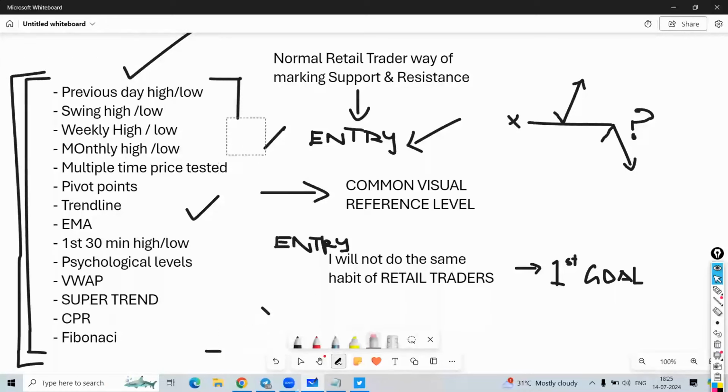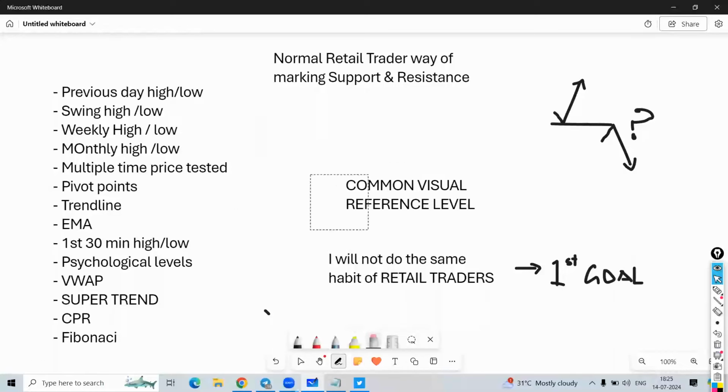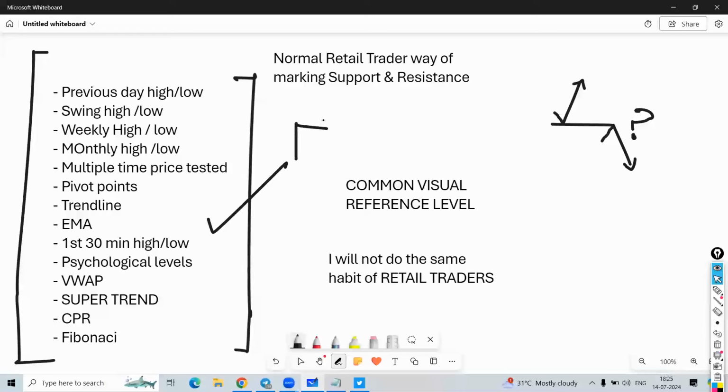For a minute, I will make sure not to use any of these methods for my entry. But on the opposite side, I might use one or two of these reference levels to identify direction.